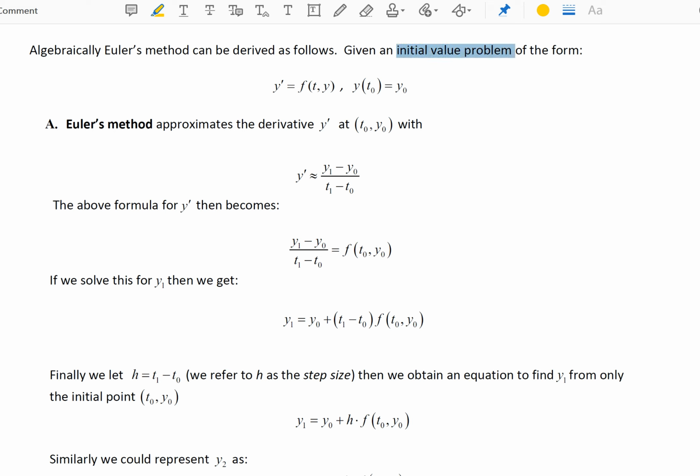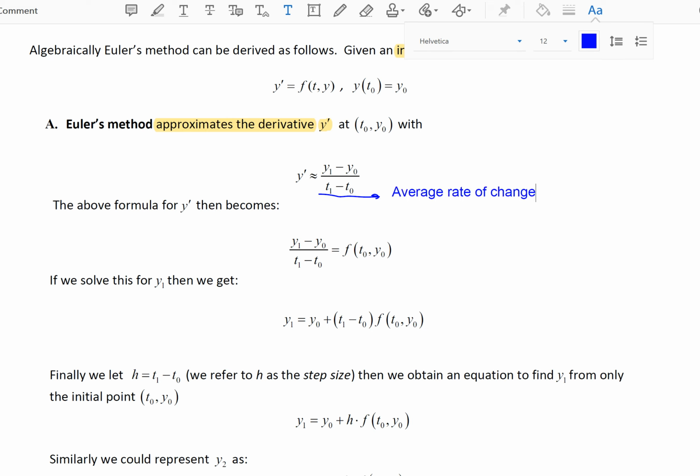Given an initial value problem of the form y prime equals f of t, y, y of t naught is y naught, Euler's method approximates the derivative at (t naught, y naught) with the average rate of change, which should look like your slope formula. That's the average rate of change between 2 points.